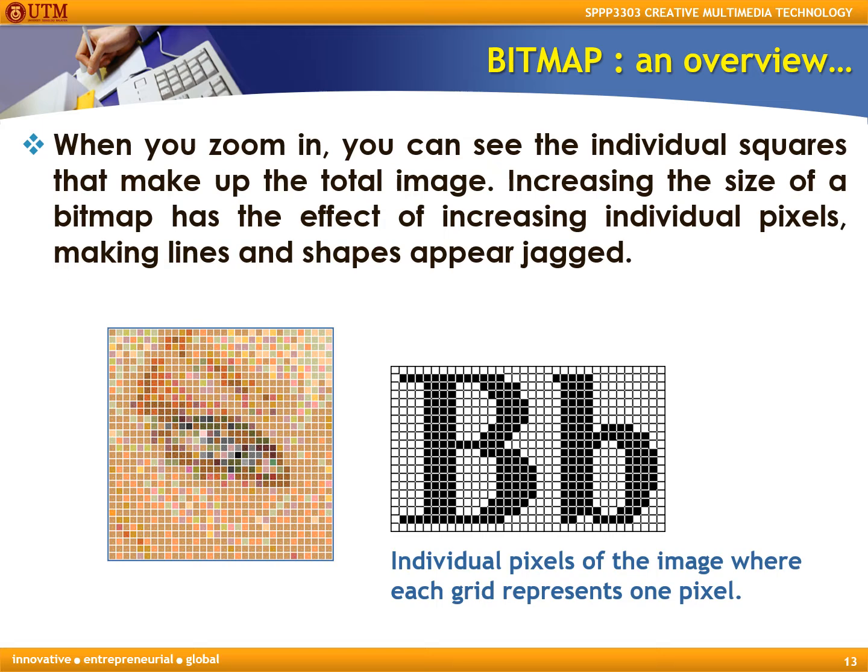How the quality differs from one image to another is about the size of the bitmap. When you increase the number of individual pixels, lines and shapes appear with more quality.